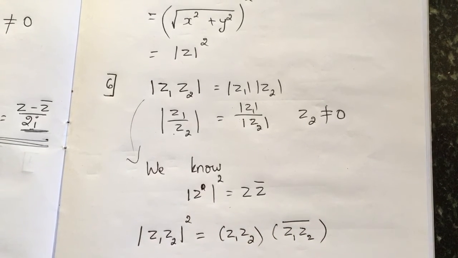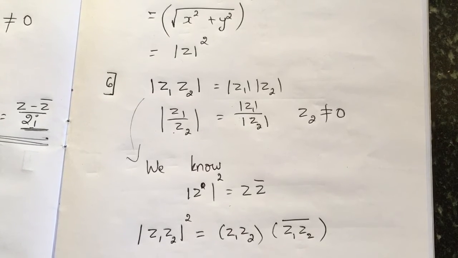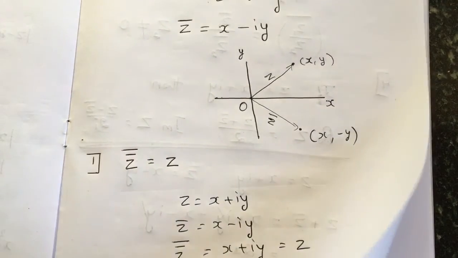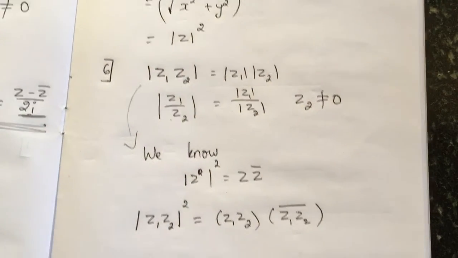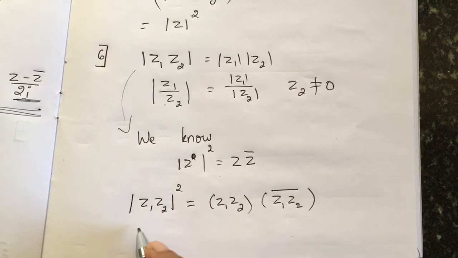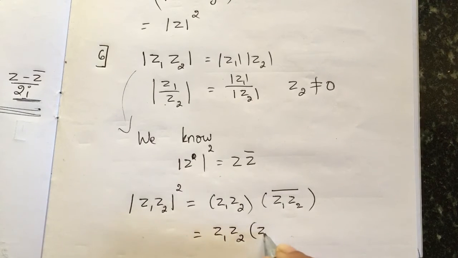Thus we have observed z1 z2, its conjugate is nothing but conjugate of z1 into conjugate of z2. So this is same as z1 into z2, and this is z1 bar into z2 bar.